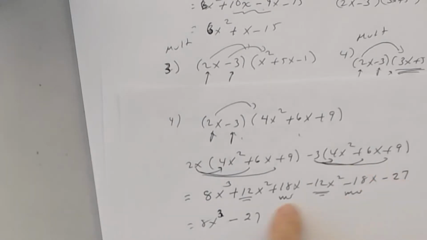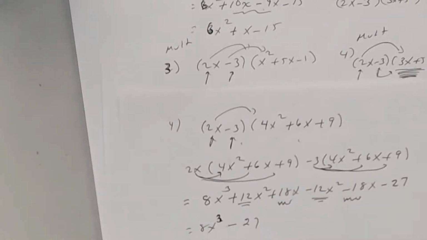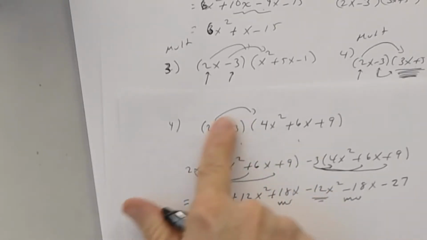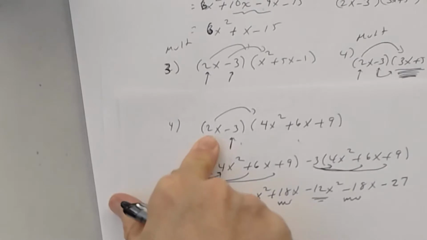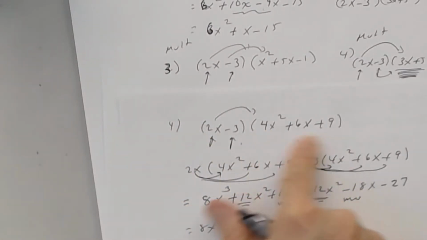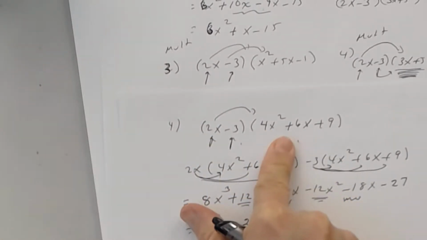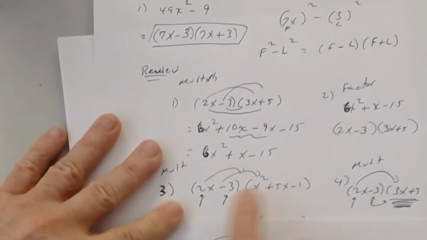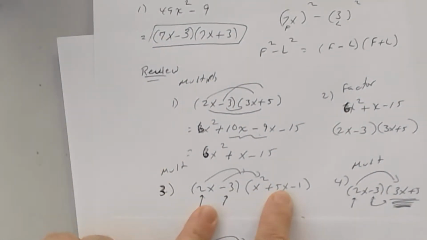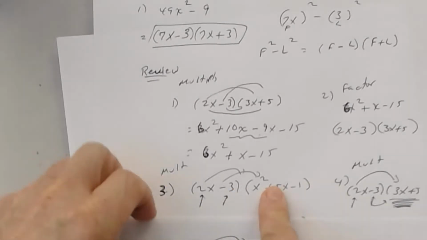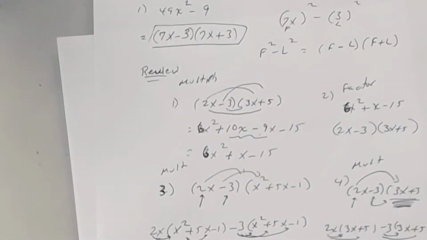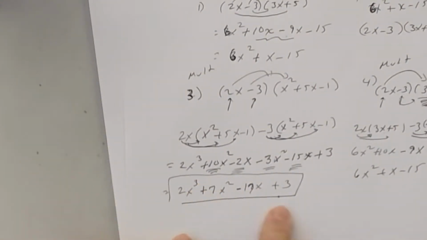There's a reason why all these terms right here cancel out. Okay? And it has to do with the relationship between the terms of this binomial and the terms that are in the trinomial. There is a relationship. There is no relationship here. And you're going to see what relationship I'm talking about in a little while. But there's no relationship here, so when you multiply all that out, you're going to get a polynomial with 4 terms.